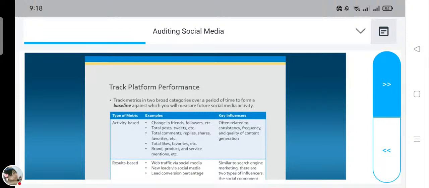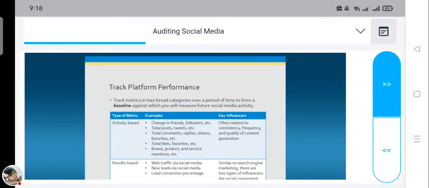So, for instance, if an organization has a Twitter account and has a Facebook account, you would want to know exactly how well you're utilizing those platforms and what kind of response you're getting. In order to do this, you track metrics, actual numbers, and these numbers fall into two broad categories. The first is activity-based, and the second is results-based.